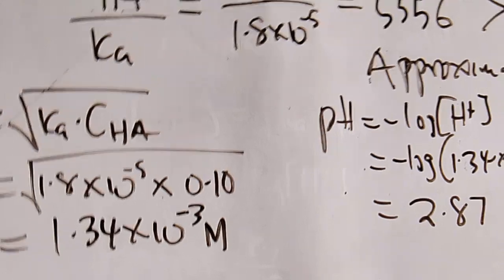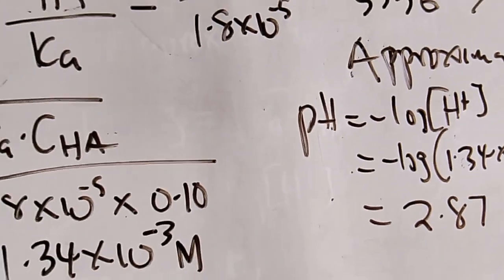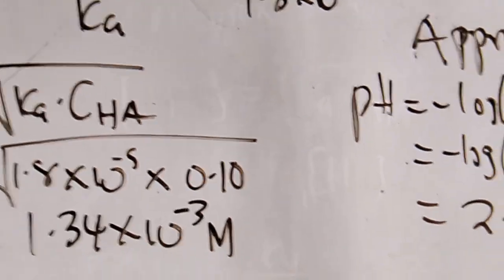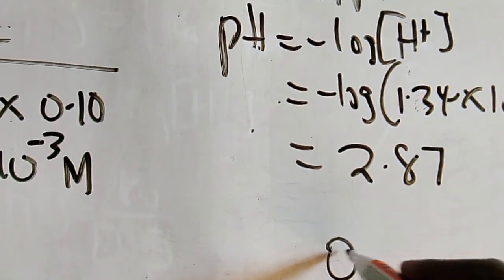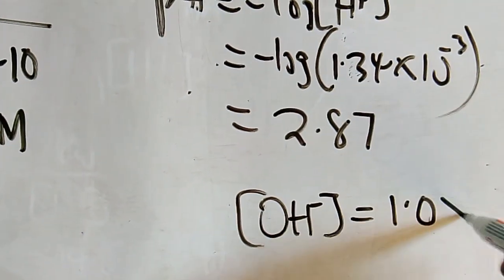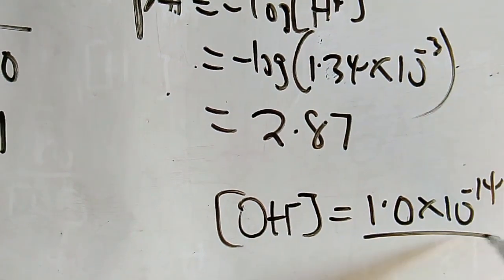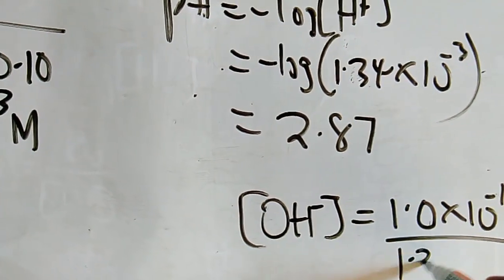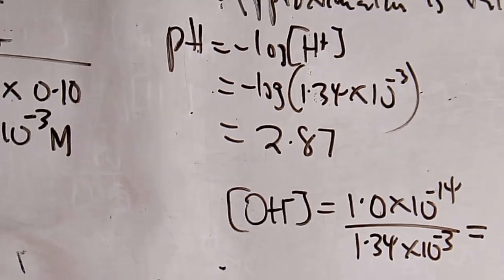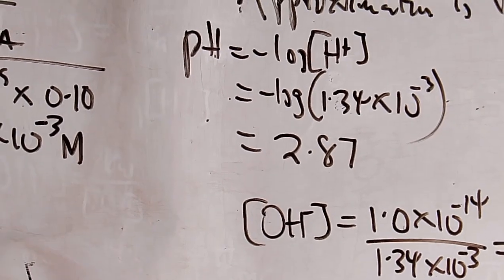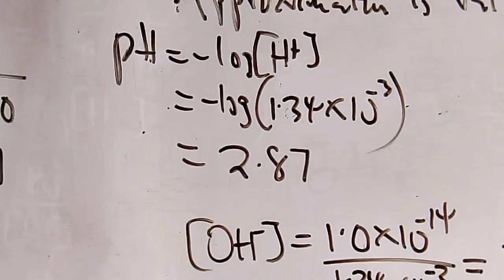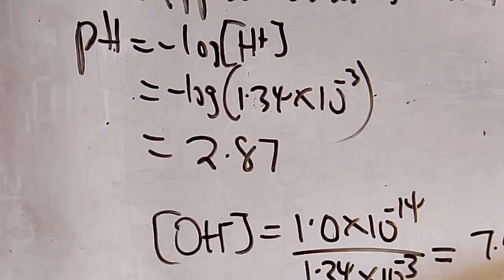Now we can also calculate the OH concentration. OH is equal to Kw over the concentration of hydrogen, 1.34 times 10 to the power negative 3. We divide that number, and it gives us 7.46 times 10 to the power negative 12 molar.